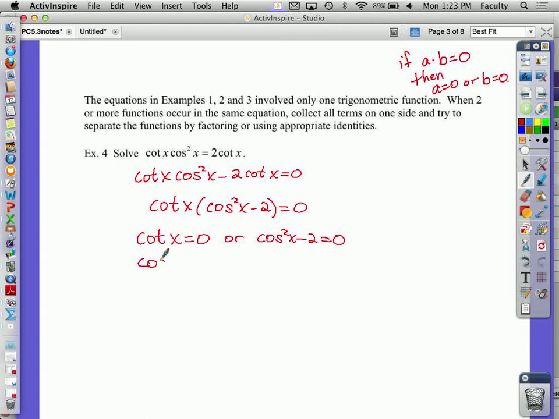Well, when I look at cotangent x, what I know is cotangent is cosine over sine. And I need to look at the 4 values on a unit circle.